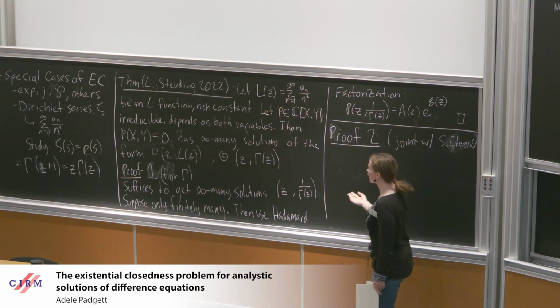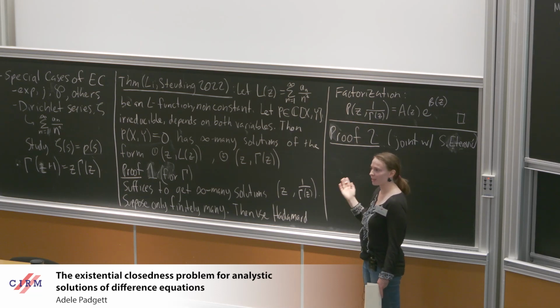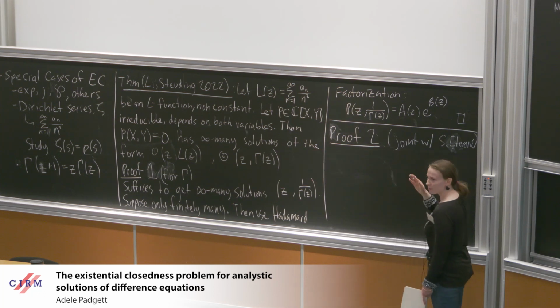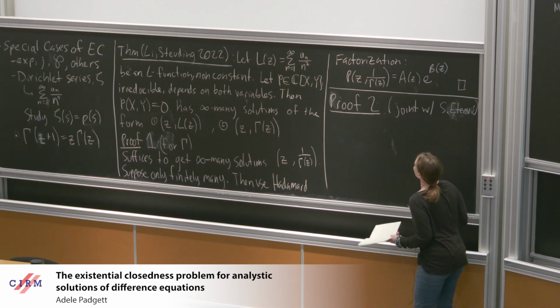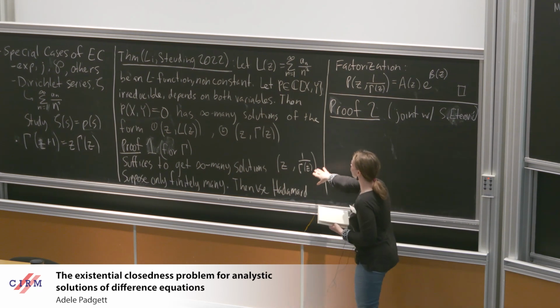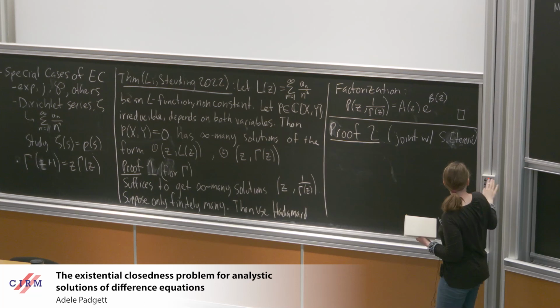But the point is that we use different techniques that will generalize to higher dimensions and which do give an idea about the distribution of the infinitely many solutions. So that's my goal now for most of the rest of my talk. And the proof idea here, this proof idea was simple. And this proof idea, it's also simple, but it takes a little bit more setup.